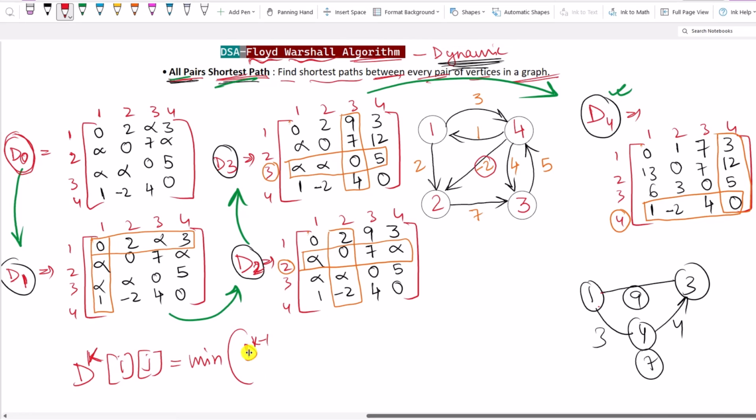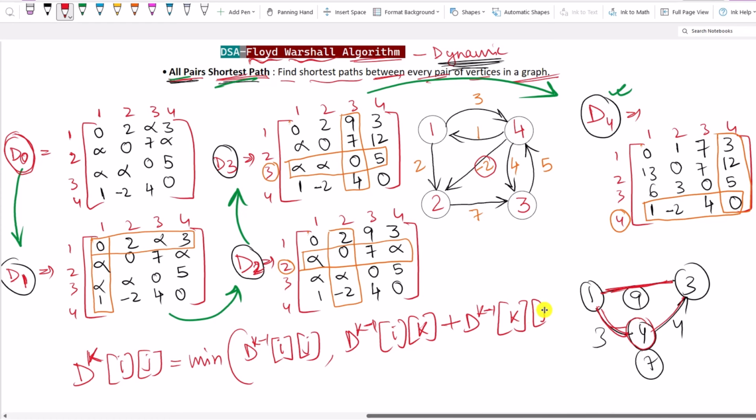So here the previous matrix is dk minus 1. Here we're gonna look into the position I and j. That is the direct distance. We're gonna compare this with the distance through one intermediary. That means from I to k, where k is this intermediate vertex, plus d of k, j.